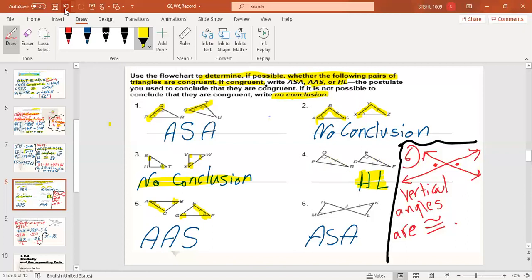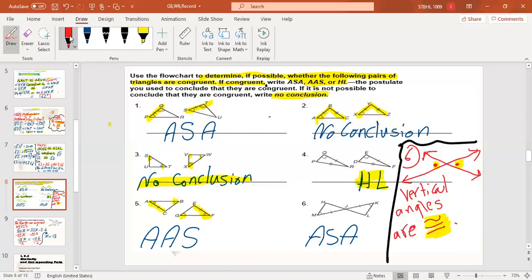And let's move to exercise number 6. Number 6 has a little different idea. We need to go back to term 2. In term 2, we were learning about vertical angles. These two angles are vertical, so they are congruent. Let's go to the triangles in exercise number 6.